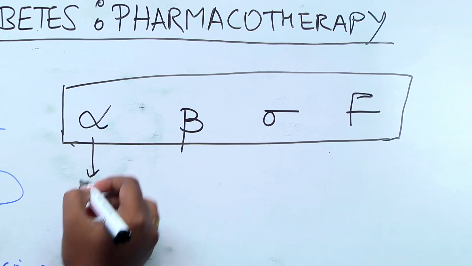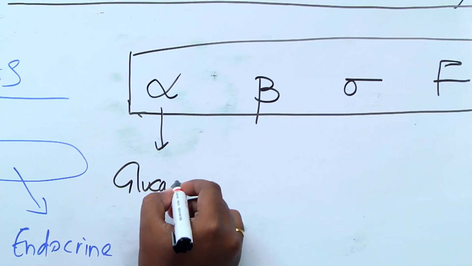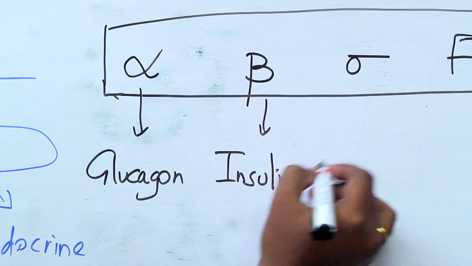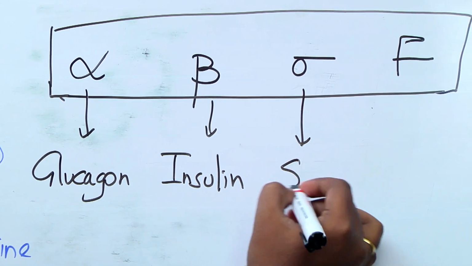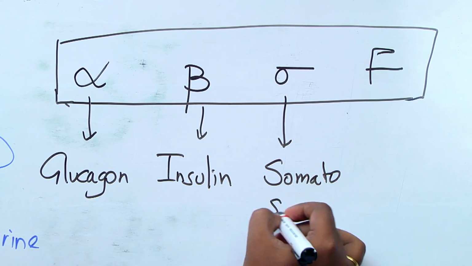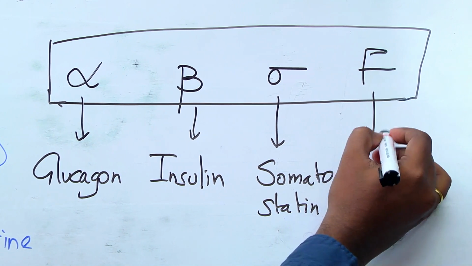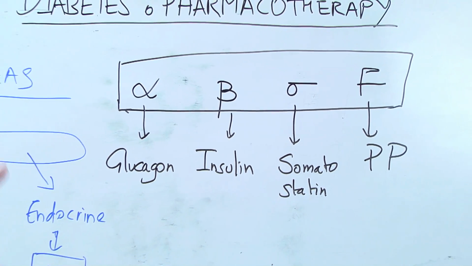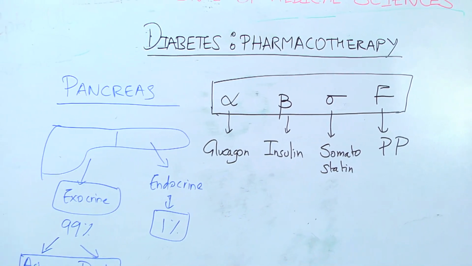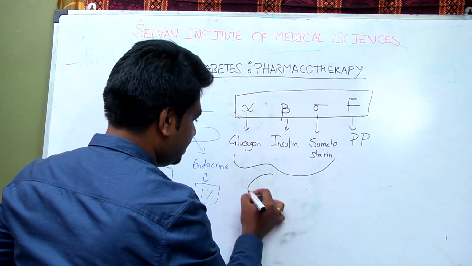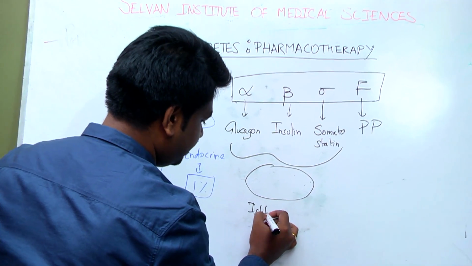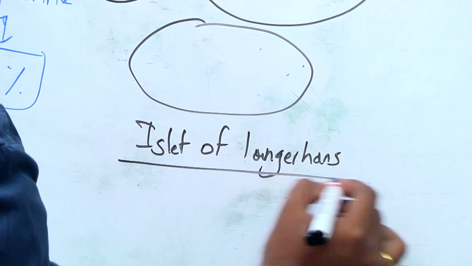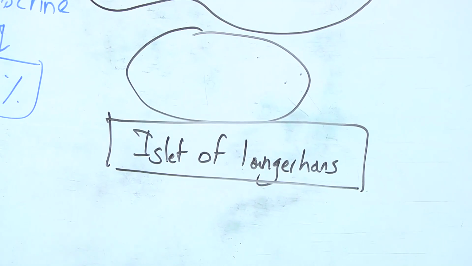So the alpha cells secrete glucagon, the beta cells secrete the most important insulin, and then your delta cells, they secrete somatostatin, and F cells secrete pancreatic polypeptide. So these four are secreted by different cells which are present in the endocrine portion of the pancreas. So clubbed together, these are present as islets of Langerhans in the pancreas. So this is the most famous term involved with diabetes.